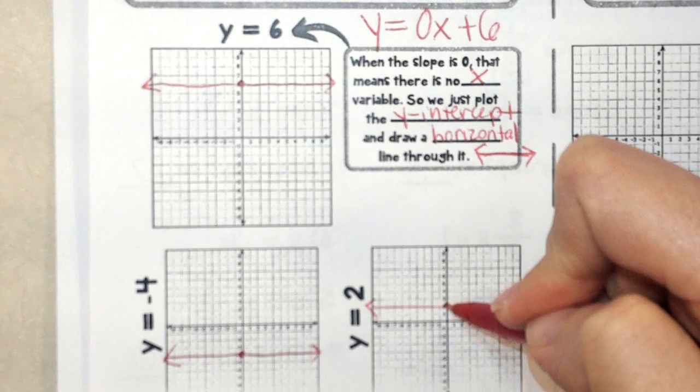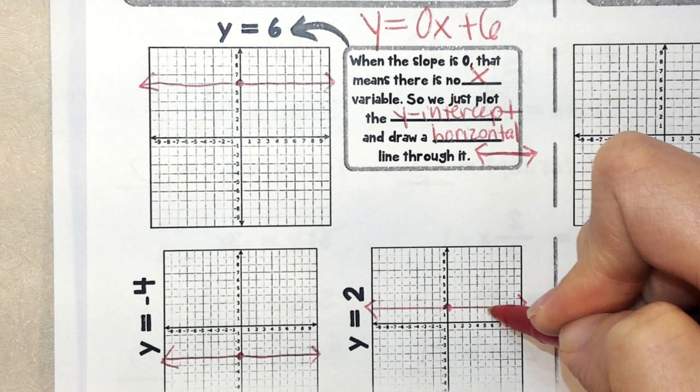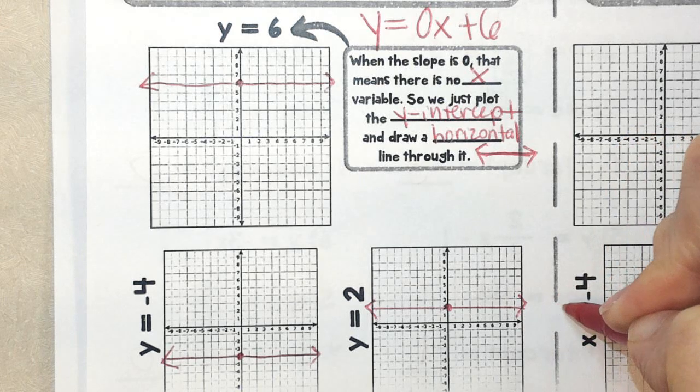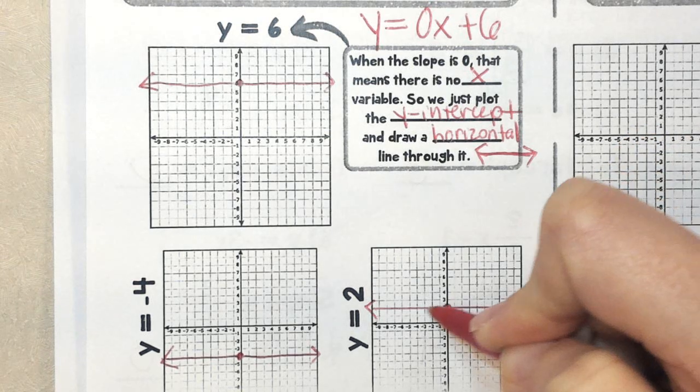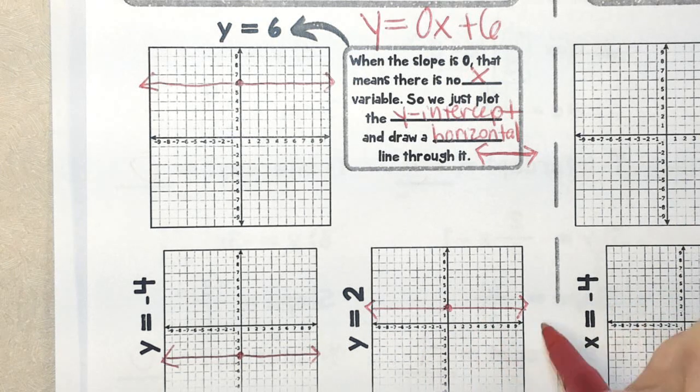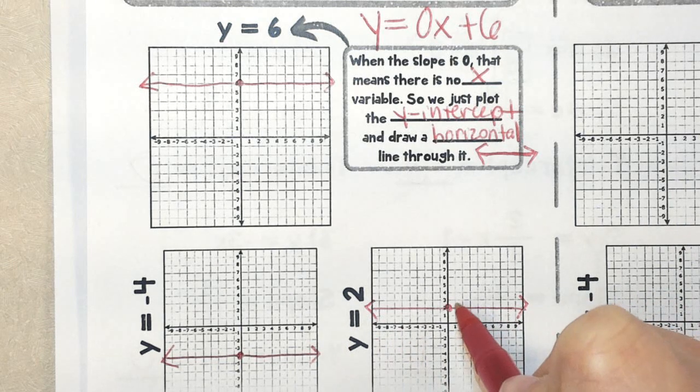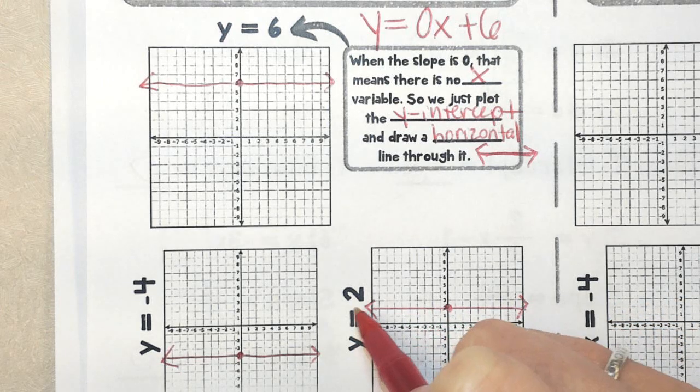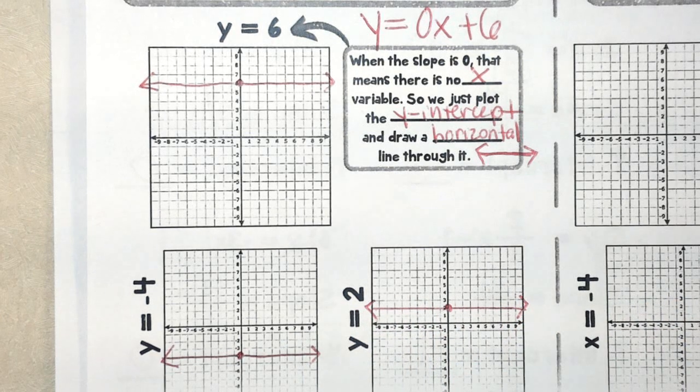If y is 2 right here, here it's still 2. All of these points, my x value is changing, how far left and right, but my y value is not. That is where it is 2 all the way across.